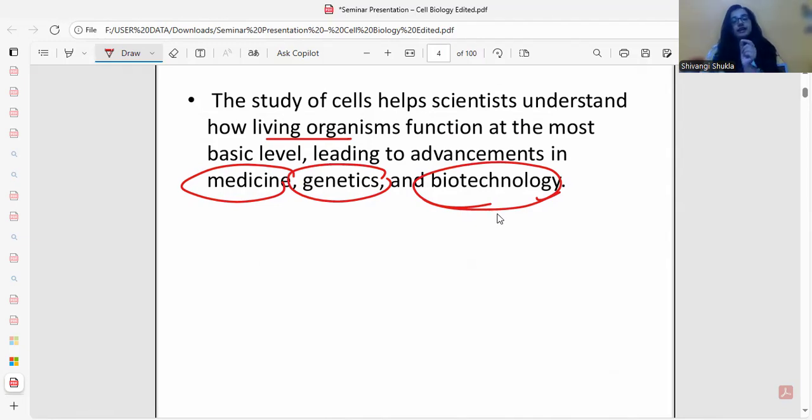And we are identifying the areas where we can make amendments and provide the right treatment. So by understanding the basic level of the cell, we will be able to advance in medicine, genetics, and biotechnology.